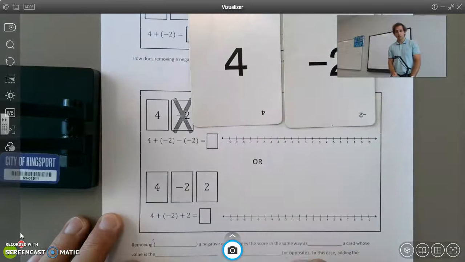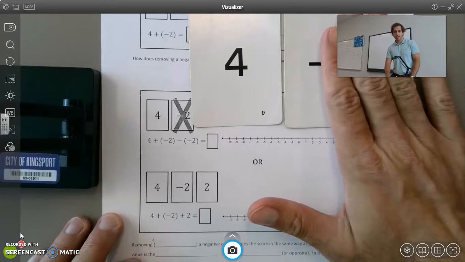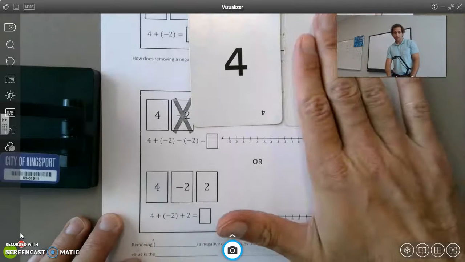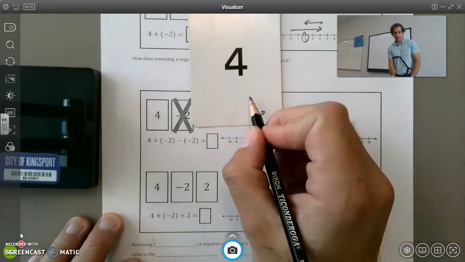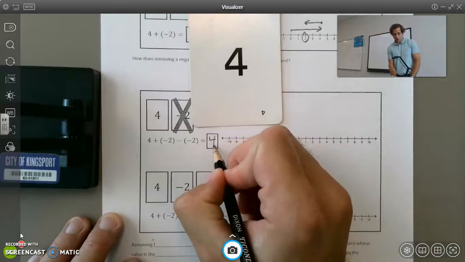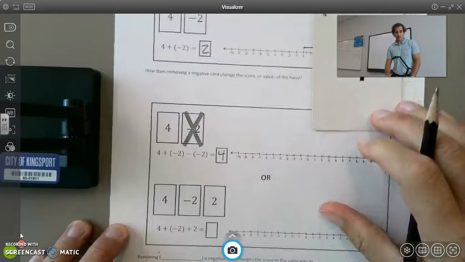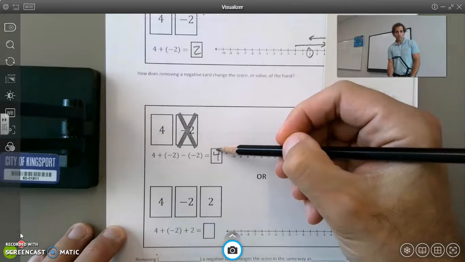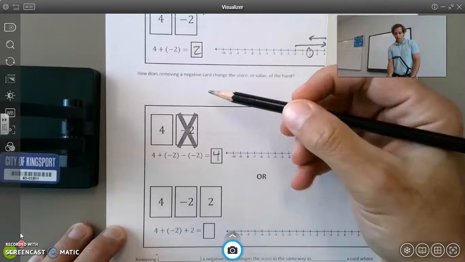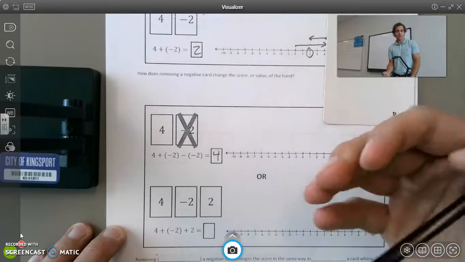But what happens if I subtract this negative 2? What happens if I remove this negative 2? What is my sum? Well, my sum is now 4. So what happened to my sum when I removed or subtracted a negative? It went from 2 to 4, so it increased.